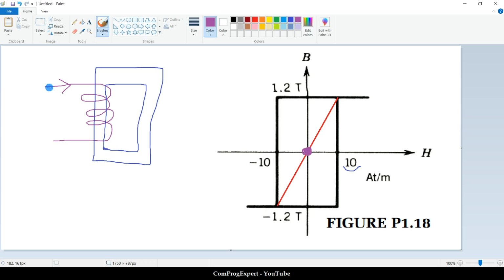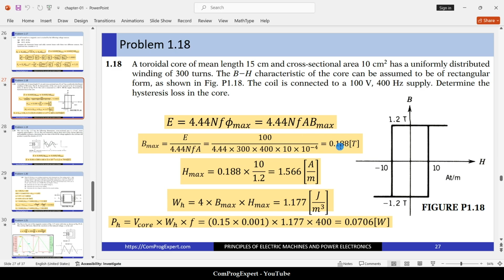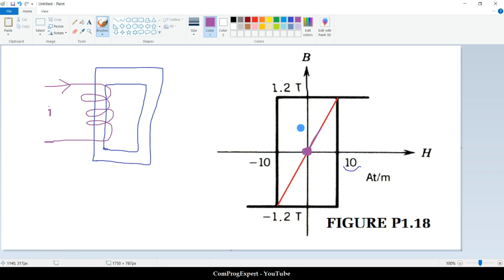When the current starts to flow in the coil, we have an increase in the value of the current, right? We move in this direction, then we reach this number, 0.188 Tesla. And this is the direction that we return, and so on.